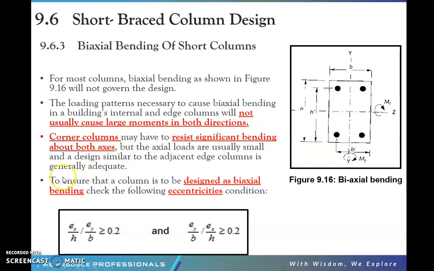In order to ensure that the column is to be designed as a biaxial bending, we need to check the eccentricities condition. So there are two conditions here. If they satisfied both conditions, it will be designed as a biaxial bending.